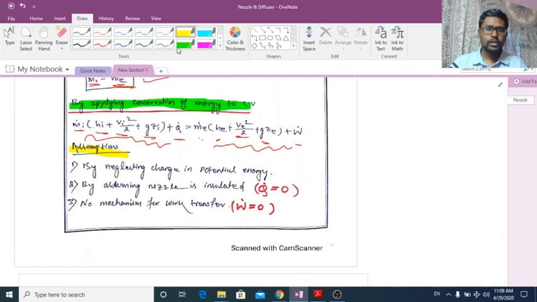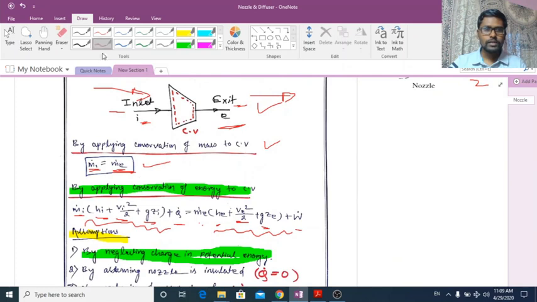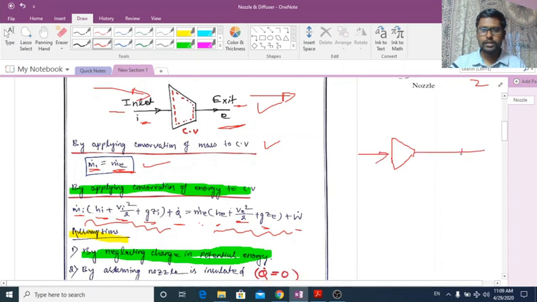Now we'll apply some assumptions to get our result. By assuming change in potential energy is negligible. What does that mean? Suppose this is our nozzle, this is its inlet, this is its exit.